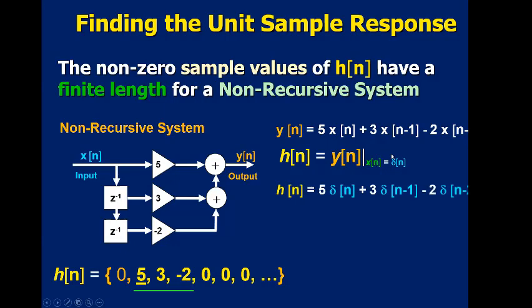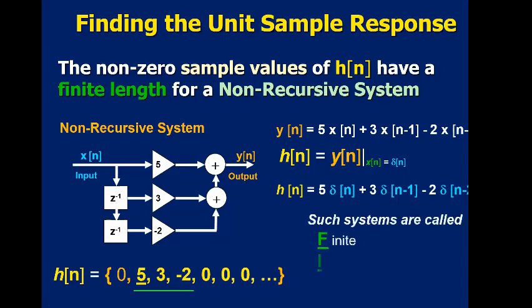So h of n is 5 delta sub n plus 3 delta sub n minus 1 minus 2 delta sub n minus 2, which is exactly what we're seeing here in the sequence values. The 5 delta sub n, 3 delta sub n minus 1, minus 2 delta sub n minus 2, and nothing after that.